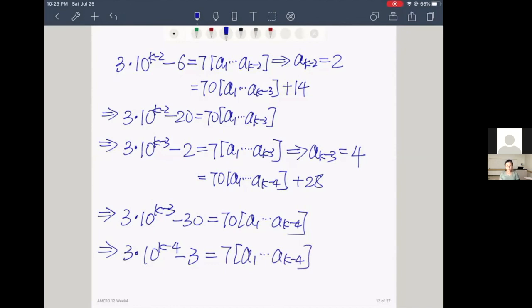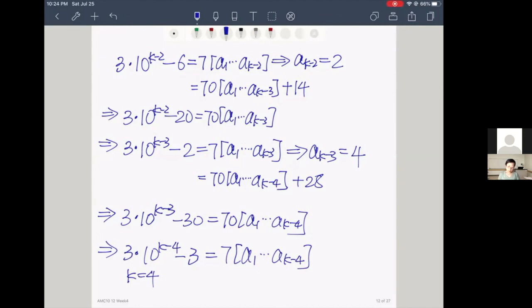You see that the left-hand side, when k is 4, is 3 minus 3, we can end it here. The right-hand side, we don't need any digit. So which means that this is done. If k equals 4, we don't have a negative 1, right? So which means that k is 4 because it is satisfied and it is the smallest one.